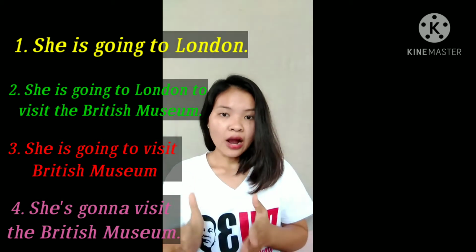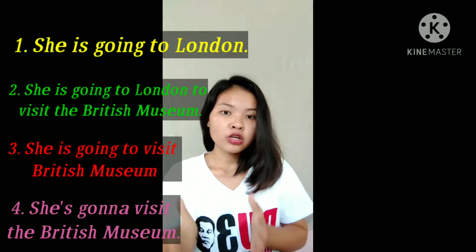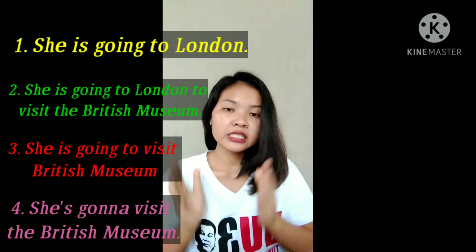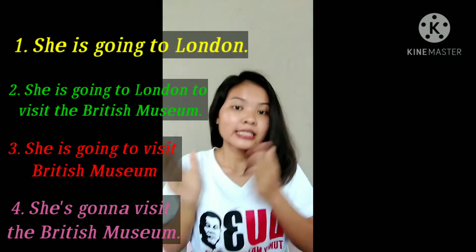The meaning now mainly focuses on the doer's intention to do something. So that's what makes grammaticalizing important. Since language is dynamic, of course, it is very necessary to look at the way grammar is created.